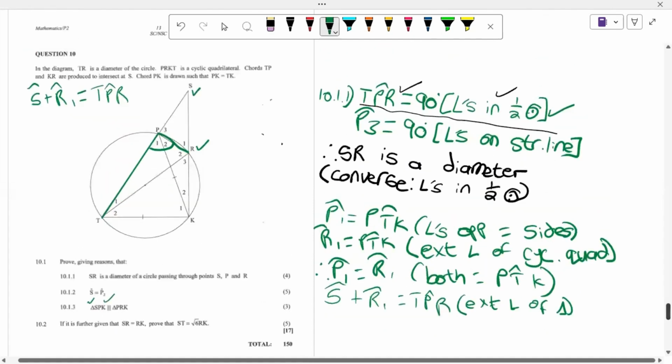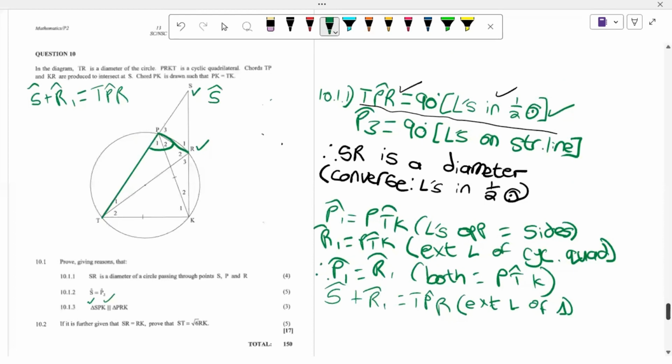Another way, I'm going to continue just here. Angle S plus angle R1 is equal to angle P1 plus angle P2. I think that's why you were confused, or are we also including P3? We're only including P1 and P2 because it's TPR.